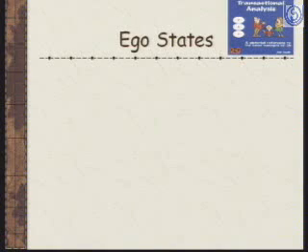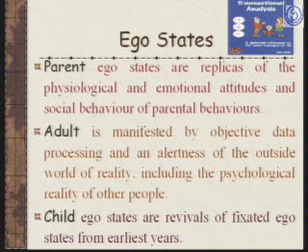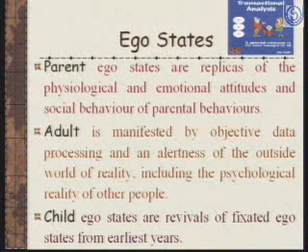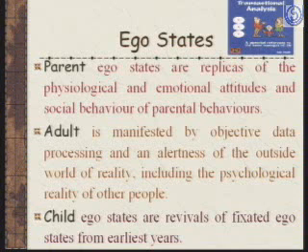We will see the next slide. So the different sets of behavior, or the three sets of behavior he discovered, he put into different categories as parent ego state, adult ego state, and child ego state.